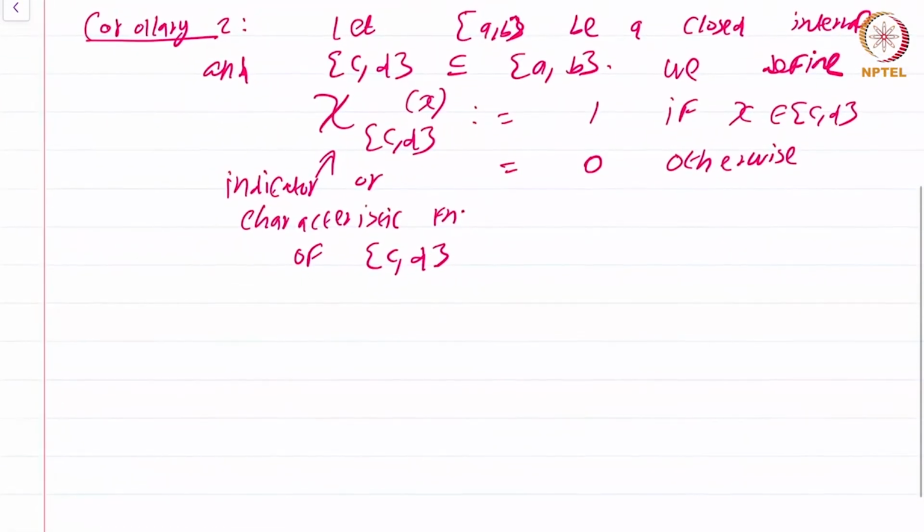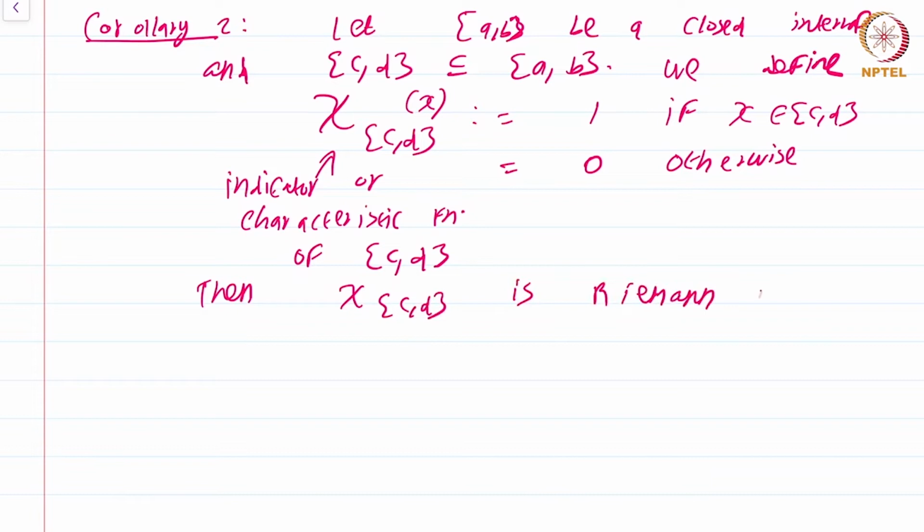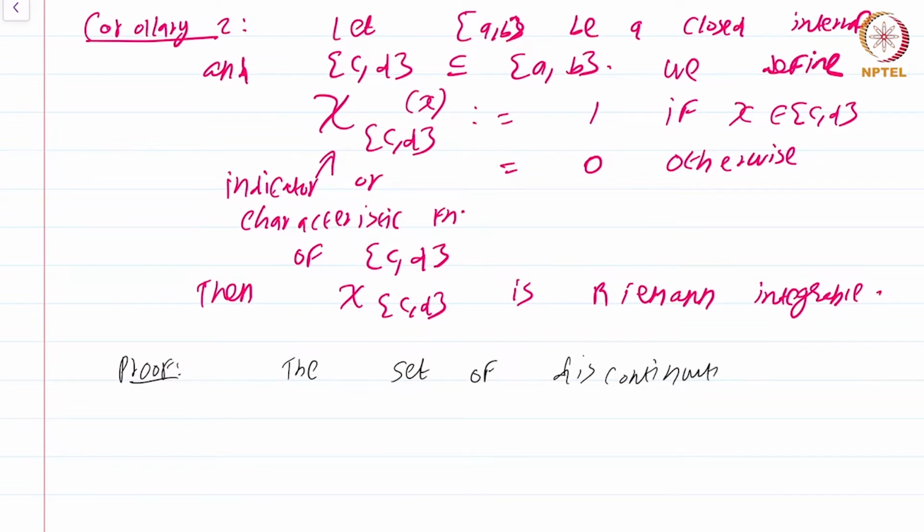Then chi_[c,d] is Riemann integrable. Now the proof of this is just one line. Proof: the set of discontinuities of chi_[c,d] is a subset of these 2 points c, d.